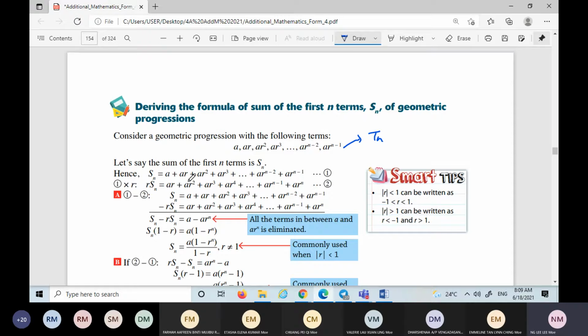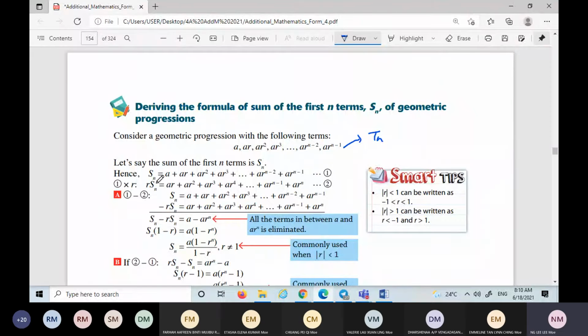After that, you see here, the reason they multiply by R is because after multiplying by R, the terms AR squared and so on can be cancelled. This is the purpose of multiplying R to the first equation to get the second equation.